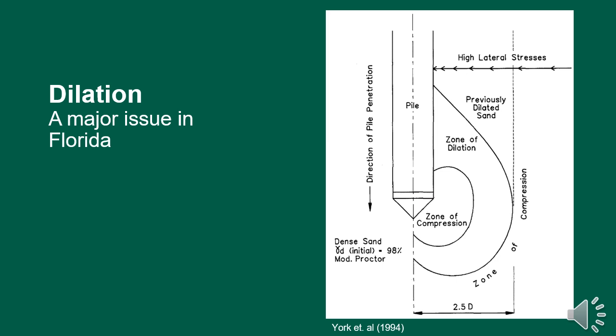This dilation zone is where all the shearing is occurring and other forces are pushing the particles out of place, and it's not as compacted as it used to be. And then outside that range, we have another zone of compression at 2.5 times the diameter of the pile, and previously dilated sands also exist alongside the side of the pile, ones that were greatly affected by this dilation process.